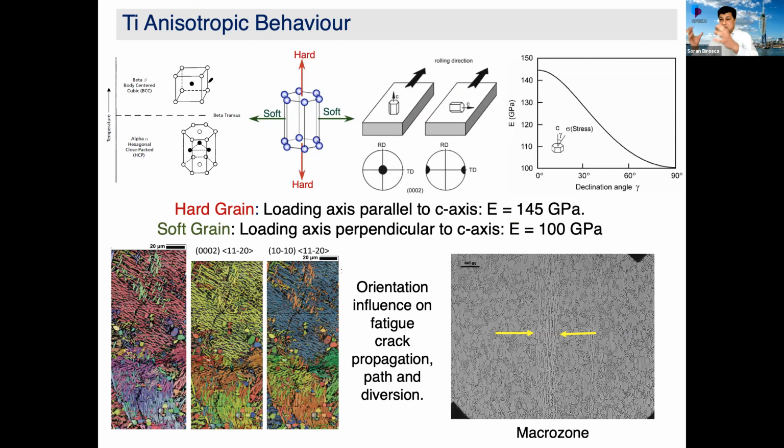So, for example, even during the processing, unlike nickel or other materials, titanium at room temperature is an HCP structure. For pure titanium, above 882 degrees Celsius, it will transform to BCC structure.